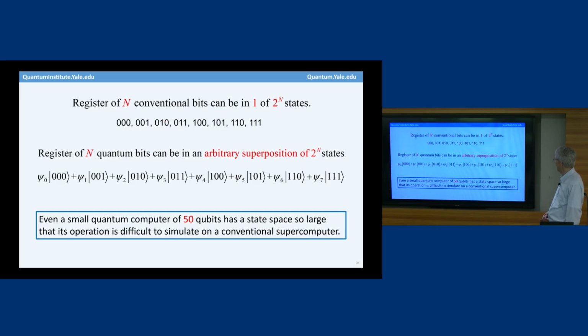And there are tricks for approximately representing things, but you can see that it doesn't take a very big quantum computer before it becomes difficult to fully simulate classically, which is part of where some of the power comes from.